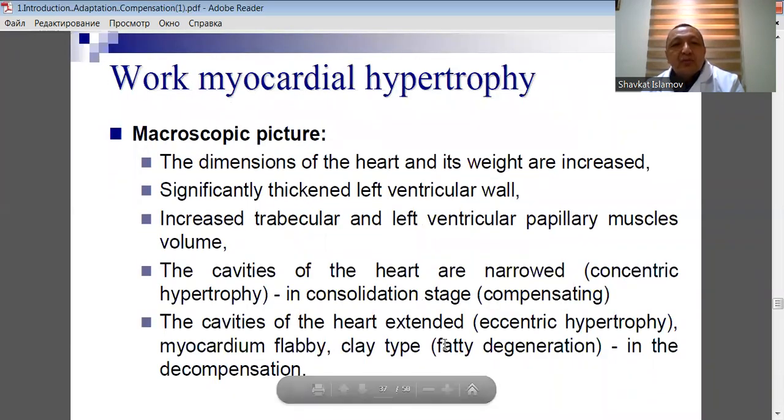Working myocardial hypertrophy, macroscopic picture: the dimensions of the heart and its width are increasing.